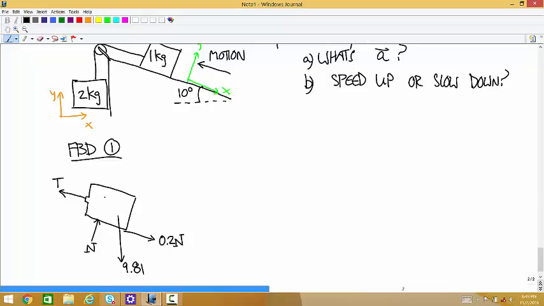Anybody have any questions about the free body diagram? So what again does the N stand for? Normal. Yeah, normal means perpendicular, so it means a force that's perpendicular to the surface. So Newton's second law. What direction is that cable force in? In the negative x direction, yep.